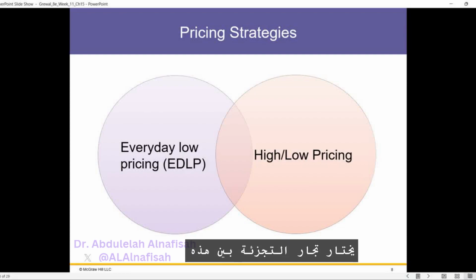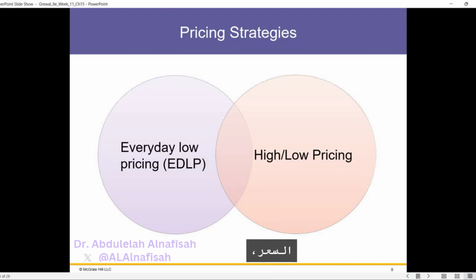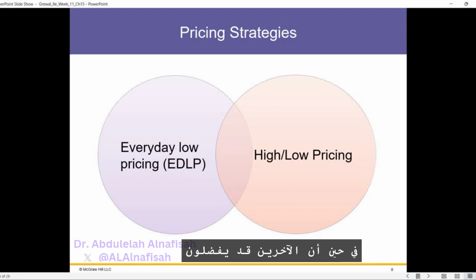Retailers choose between these strategies based on their target market, competition, and overall business goals. Some may opt for EDLP to establish a reputation for affordability and compete on price, while others may prefer the high/low approach to create excitement and leverage sales events to drive customer traffic and purchases.